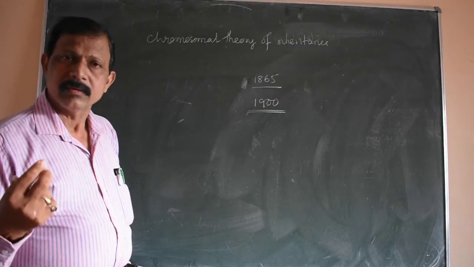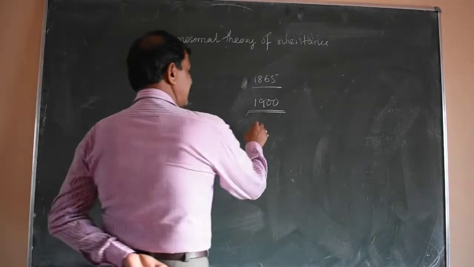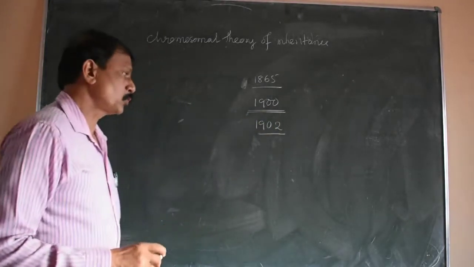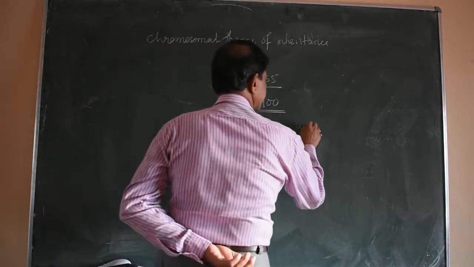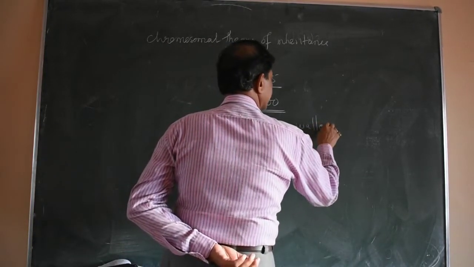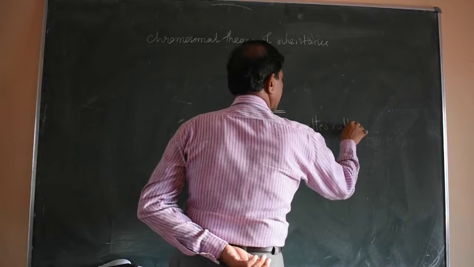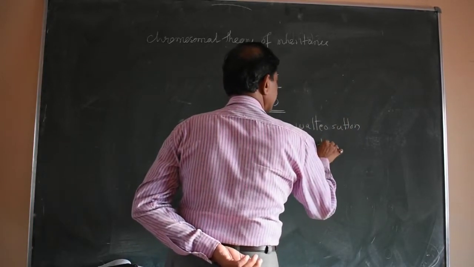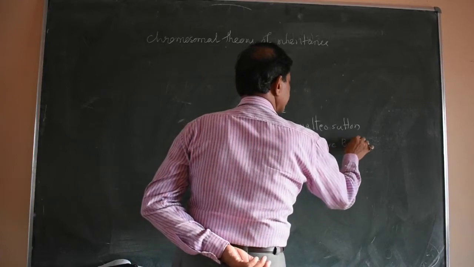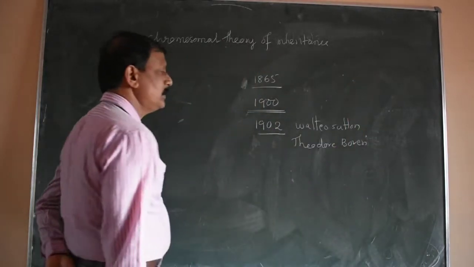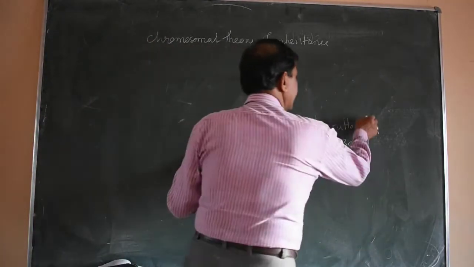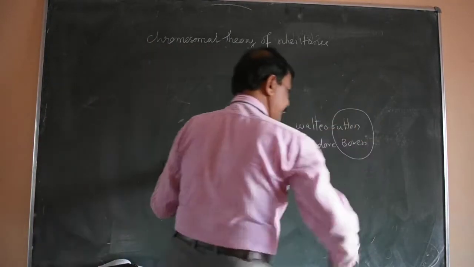During the same time, two scientists, Walter Sutton and Theodore Boveri, in 1902, came to know more and more information. This is called the Sutton and Boveri theory.